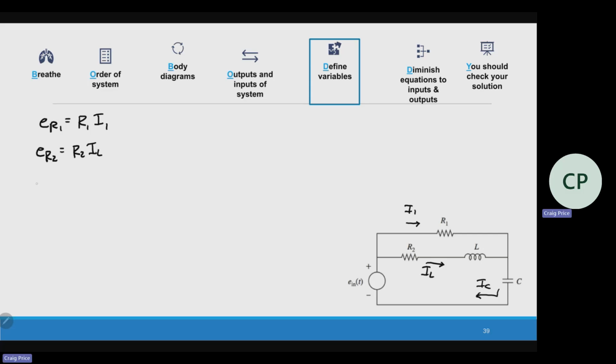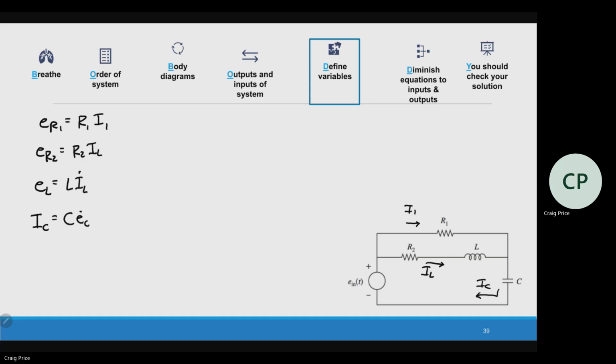The inductor voltage is equal to L IL dot. And the capacitor current is equal to C EC dot. Great.